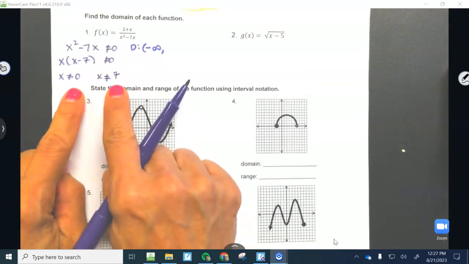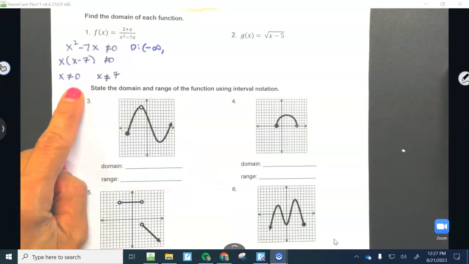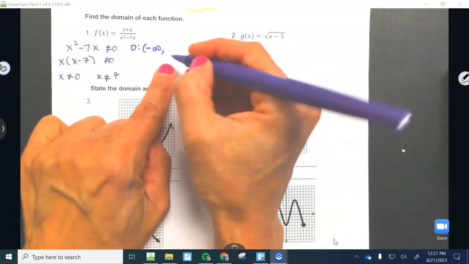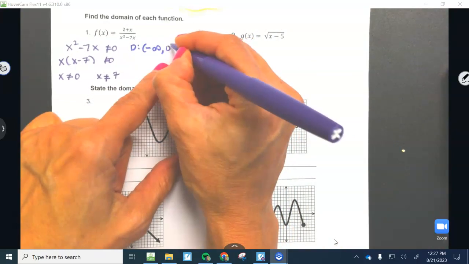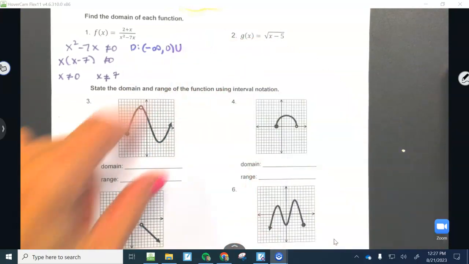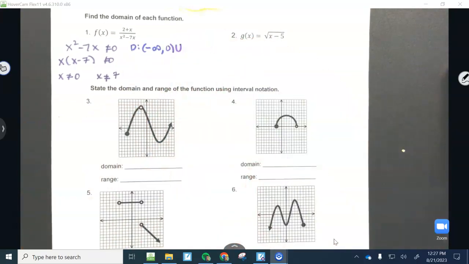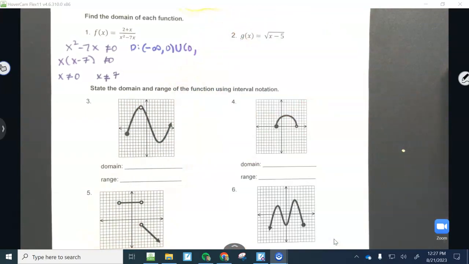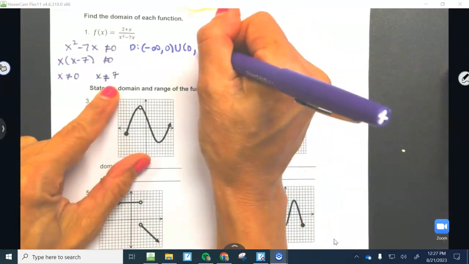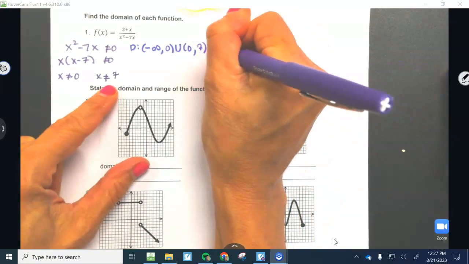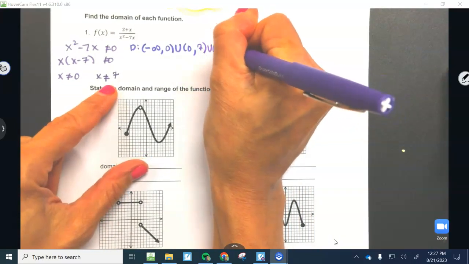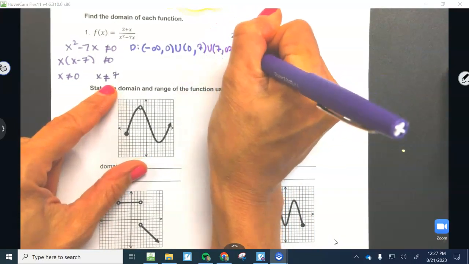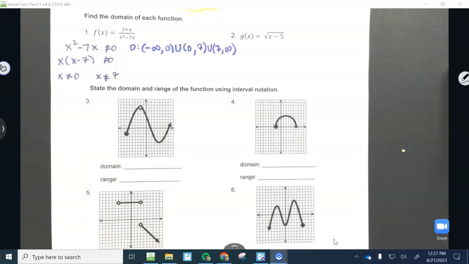Which one of these is lower, 0 or 7? Of course, 0. So negative infinity to 0, and then you always pick up right where you left off. We left off at 0. 0 all the way up to our next exclusion, which is 7. All the way up from 7 to infinity.